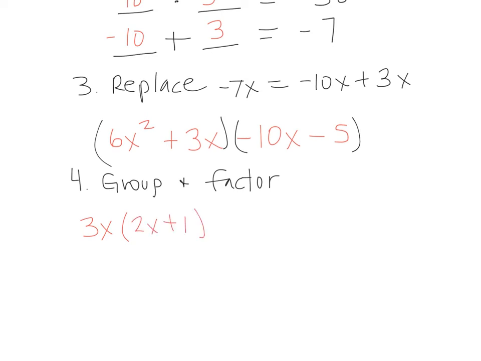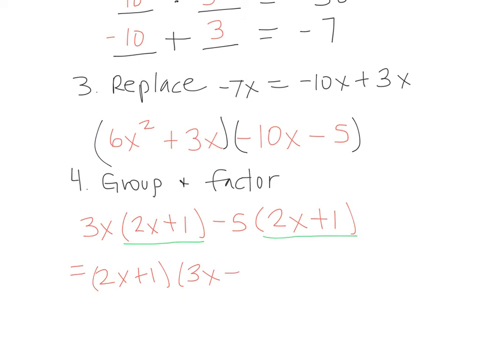And from the second group, we can bring out a negative 5. And we'll be left with, what do you know, 2x plus 1. Okay, so that gives us something like we had before, and we recognize that we have the common factor of this quantity, 2x plus 1. We can bring that out in front. And from the first group, we have a 3x left, and in the second group, we have a negative 5. And so that is that polynomial factored.